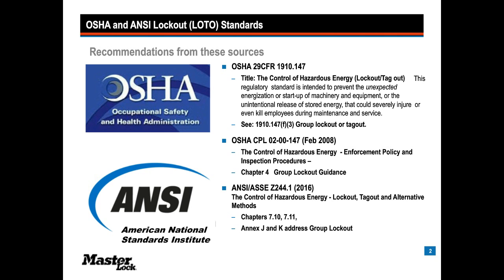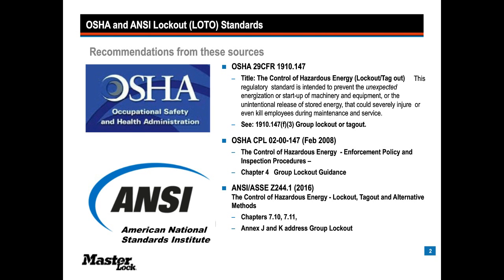It's their guidance to their compliance officers called CPL 02-00-147. It is a how-to manual for the field officers to evaluate whether lockout programs are compliant or not, and it is a user-friendly guide to implementation.